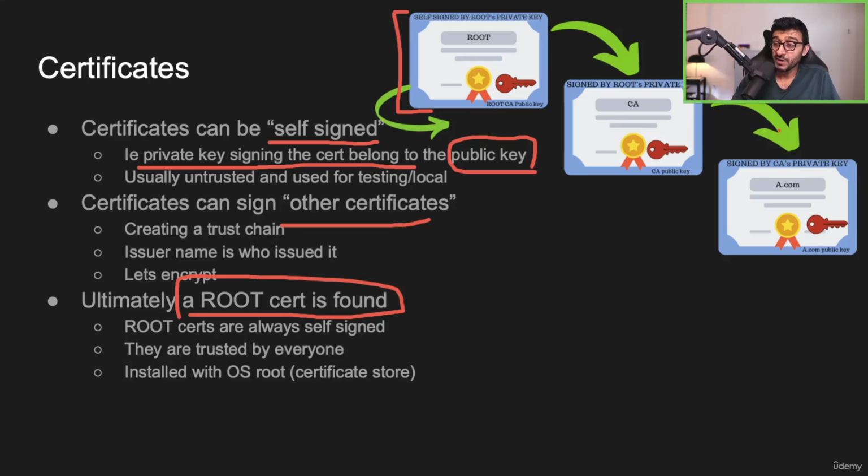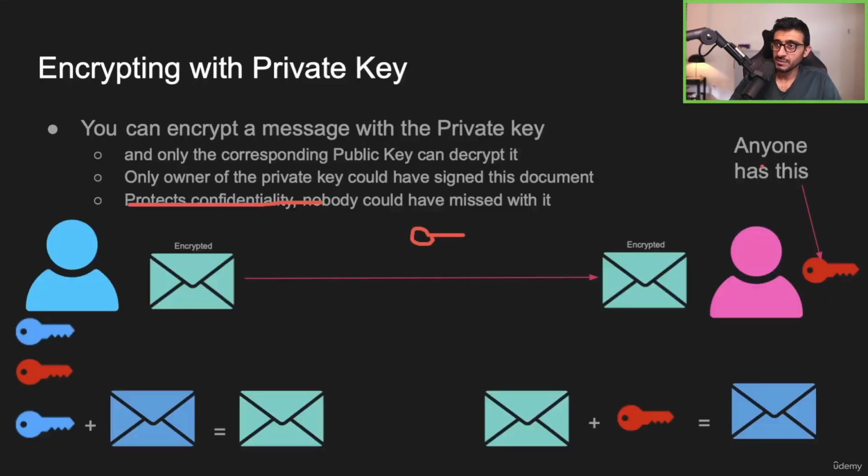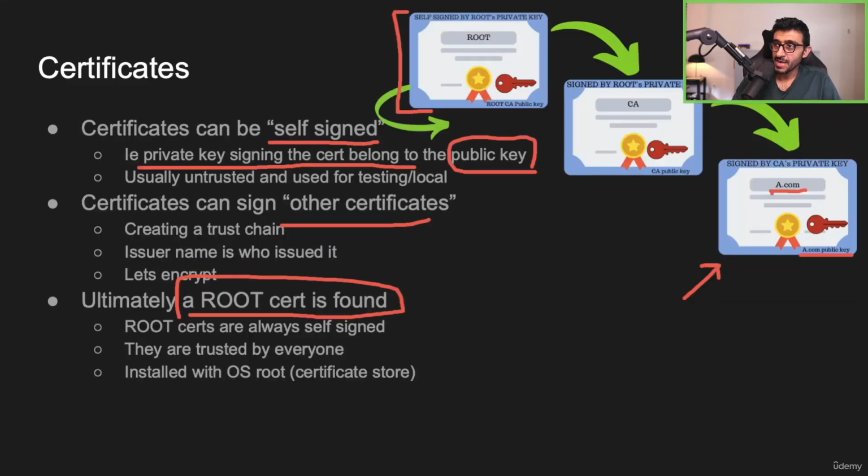So when we do verification, I often receive just this guy, the leaf certificate. I look up: okay, this is your certificate name and this is your public key, but who signed you? Well, the issuer. Where is the issuer? The issuer name says who issued this certificate. The issuer is CA. Okay, so you look up CA in your store.